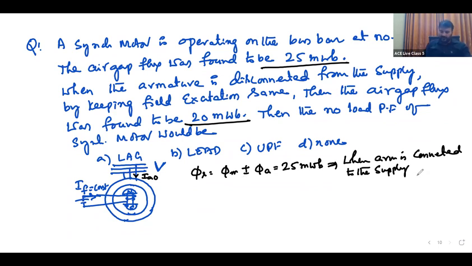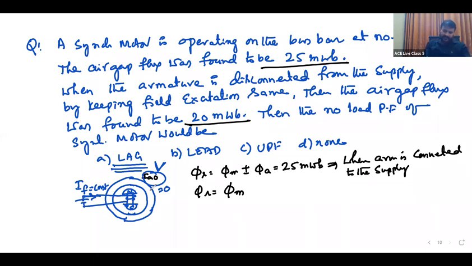And when disconnected, what is the air gap flux? Phi M. What is phi A? Phi A is 0. When the armature is disconnected, the current is going to be 0.